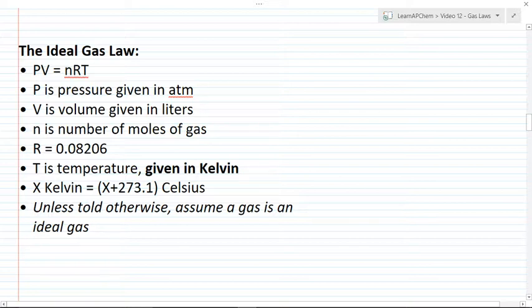And then your temperature is given in Kelvin. I explained that it wouldn't make sense to use Celsius because you could have -5 degrees Celsius and then you're going to get a negative pressure or negative volume, which doesn't really make any sense.